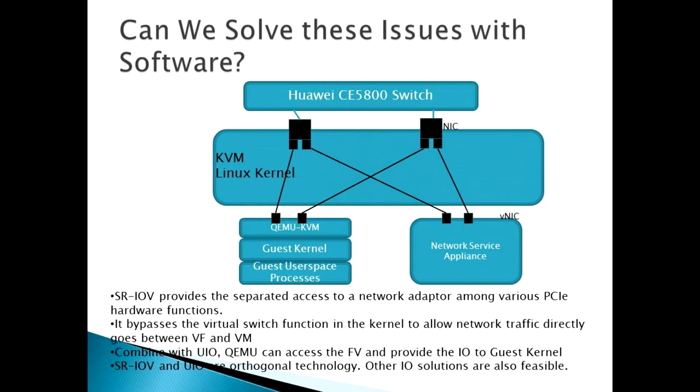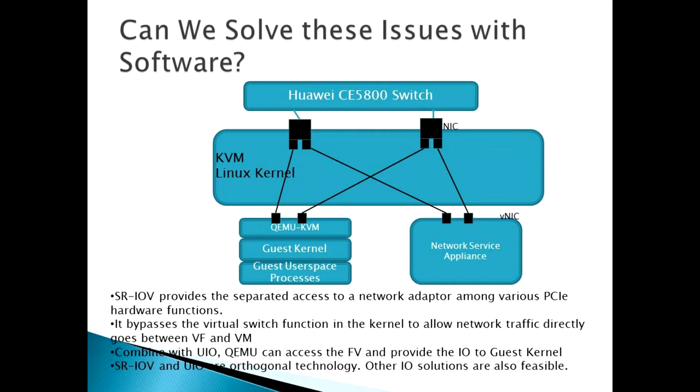This way will bypass the kernel itself in the hypervisors. So the traffic can go directly from the NIC cards to the VM or to the so-called network service appliance.